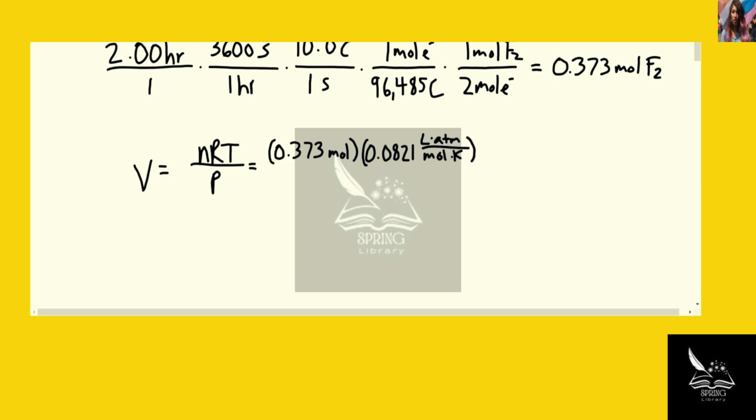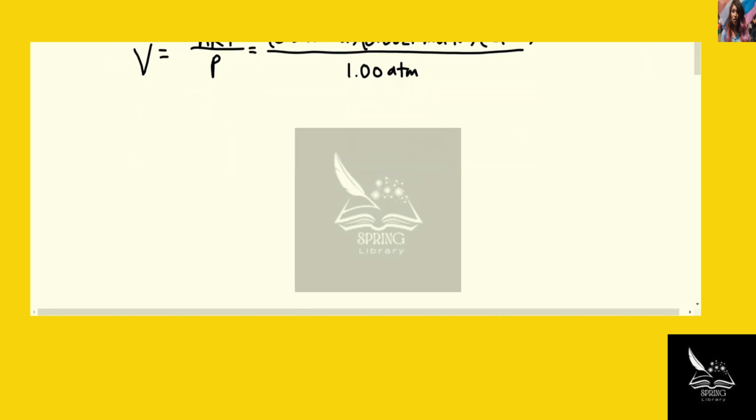The temperature, when converted to Kelvin, is 298. And the pressure is 1 atmosphere. So the volume of F2 gas that was produced after running this current was about 9.12 liters of F2 gas.